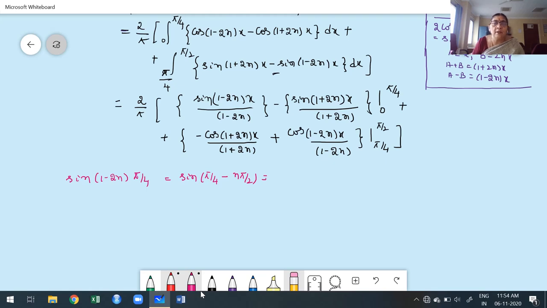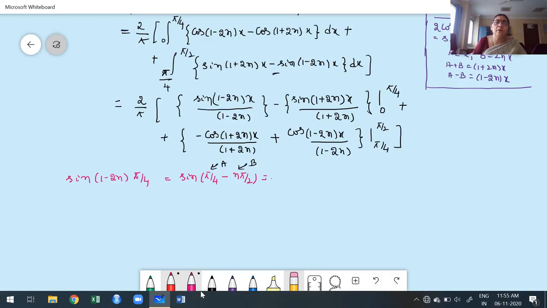Sine of A minus B is nothing but sine A cos B minus cos A sine B. What is A here? This is my A, and this is my B. A is pi by 4.